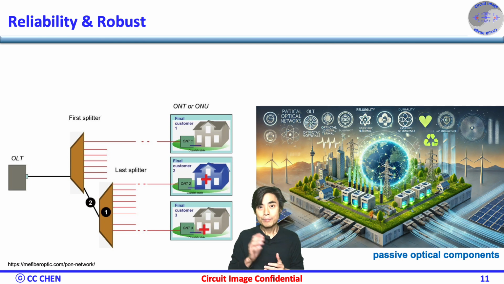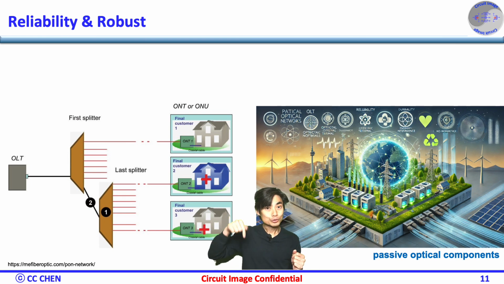Additionally, PON networks have a lower environmental impact. Fiber optic cables are more durable and require less maintenance than copper cables. This ability to share a single fiber among many users further reduces material usage, contributing to a smaller environmental footprint.